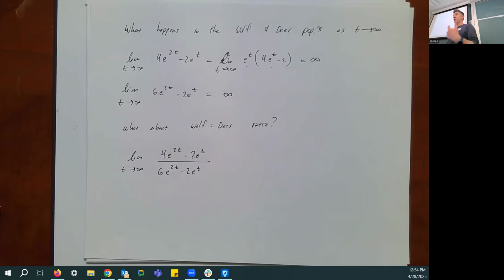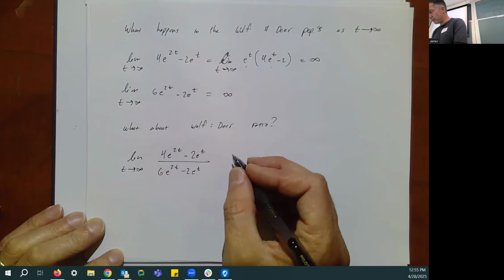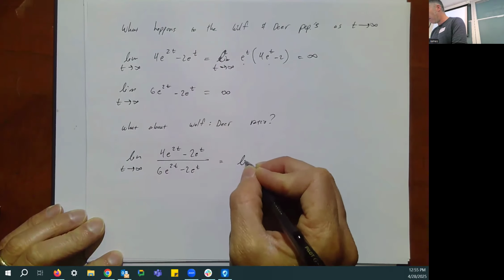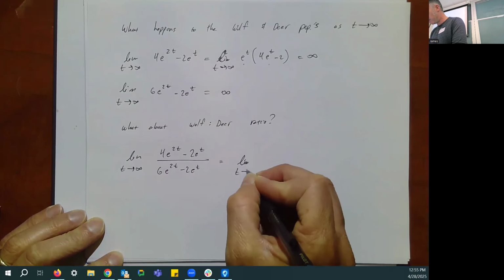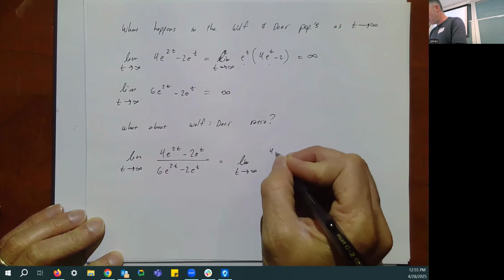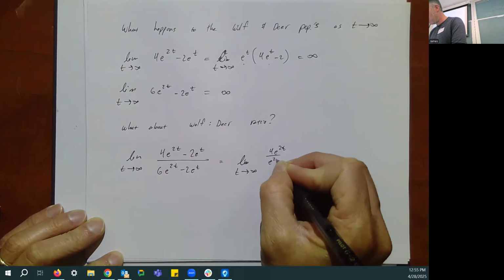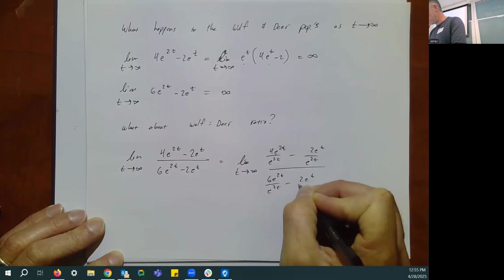when you have a limit like this, we typically try to divide everything by the thing that's growing the fastest to see what's happening. Kind of like with rational functions, how you divide everything by the highest power of x. Same idea here. e to the 2t is growing the fastest. If we divide everything by e to the 2t, look what happens. We get 4e to the 2t divided by e to the 2t, 2e to the t divided by e to the 2t, 6e to the 2t divided by e to the 2t, 2e to the t divided by e to the 2t.